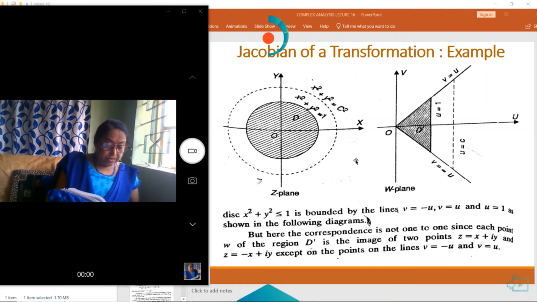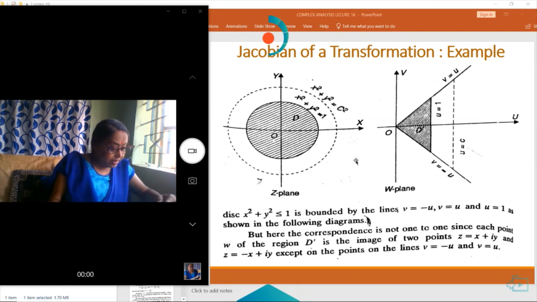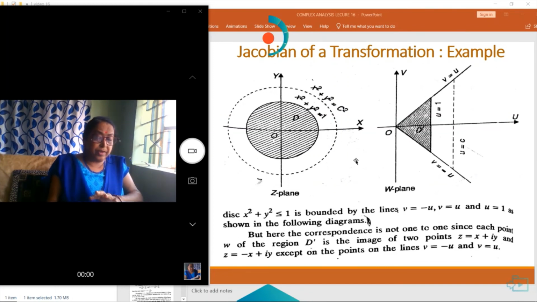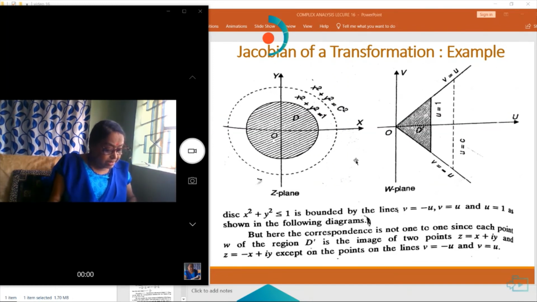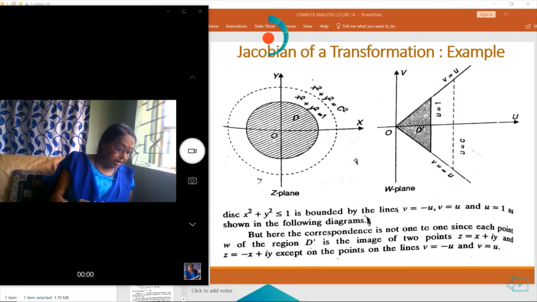So we draw three lines. One is u is equal to 1, another is v is equal to u, and v is equal to minus u. As we know, y is equal to x is a line passing through the origin and making an angle of 45 degrees.